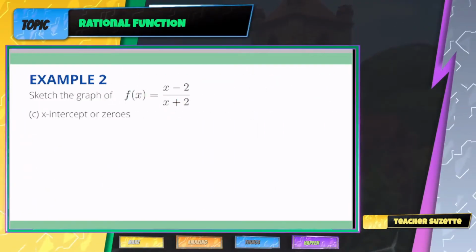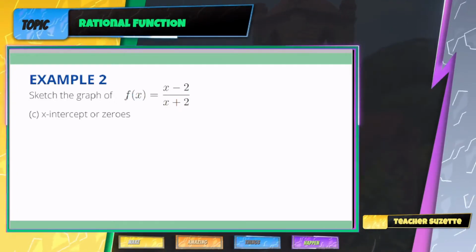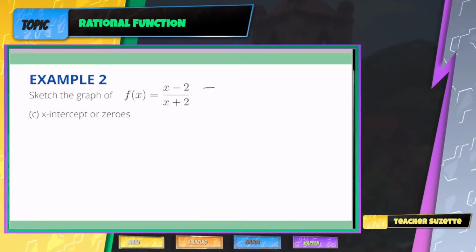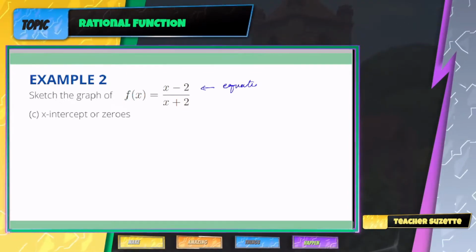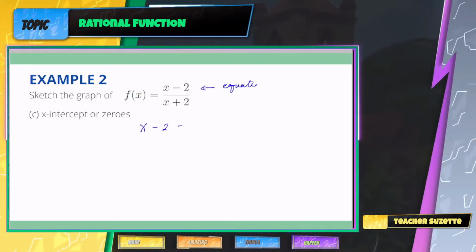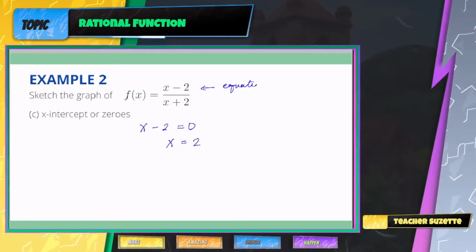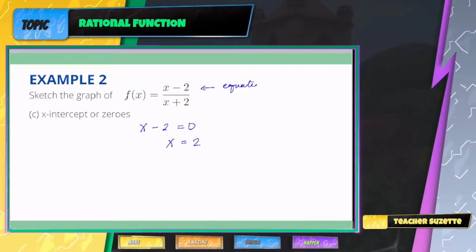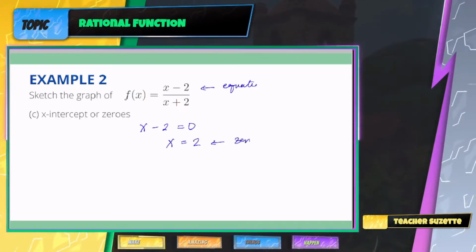Next, let's have the x-intercept, or the zero. To find the x-intercept, it is easy because you only have to equate your numerator. So x minus 2 equal to 0. Simplifying, you will have x is equal to 2. This is actually your zero.